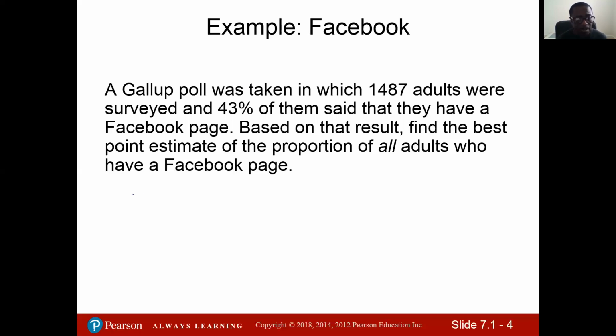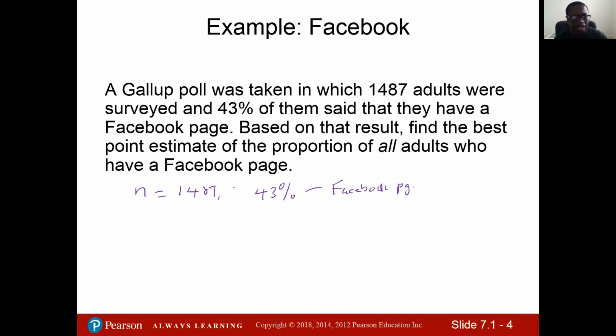In this case, my sample size n is 1,487, and 43% said that they have a Facebook page.